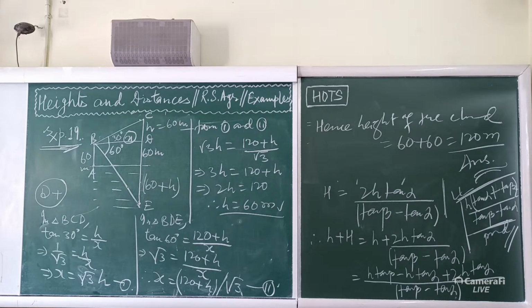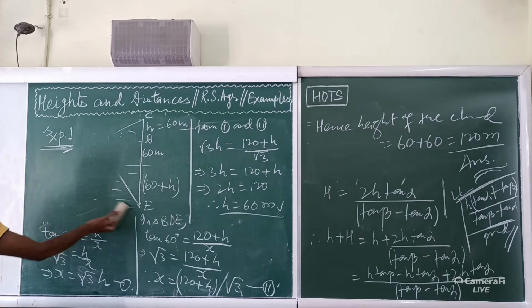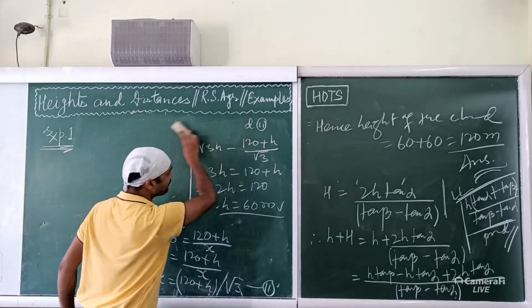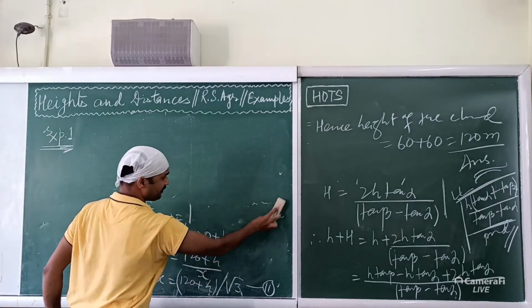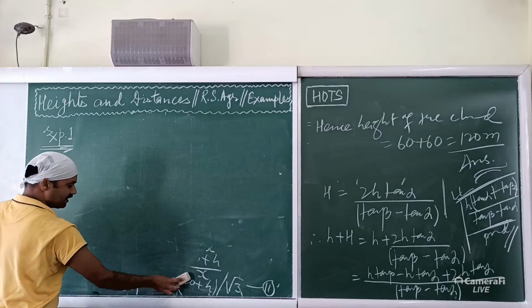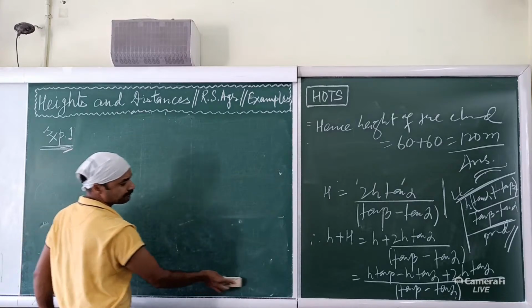So let us see the next one. Next, example number 20. How will this be solved? After 19, we have example 20, and 20 is given as HOTS, and in today's session we are seeing the HOTS questions mostly, not all.